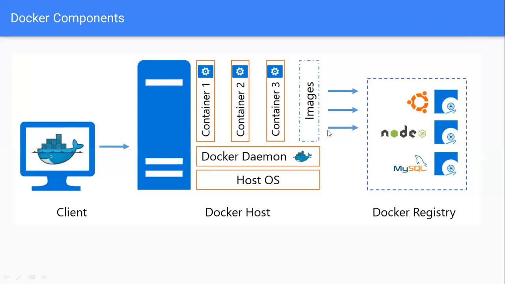Now we need to see the components of a Docker container. Mainly there are three components. One and most important one is your Docker host. This is your client, we call it Docker client. Docker client may be running on your own desktop. A part of the Docker application may be running on your own system.